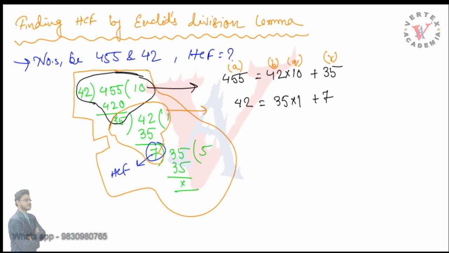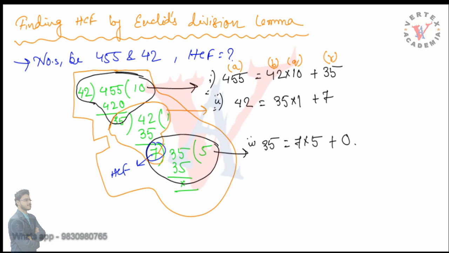And now in the last step, here we can write 35 equals 7 into 5 plus 0. So finally, what we have done is that we have written the steps involved in finding HCF. We have done nothing else. We have just written the first step, second step, and third step in a linear way.